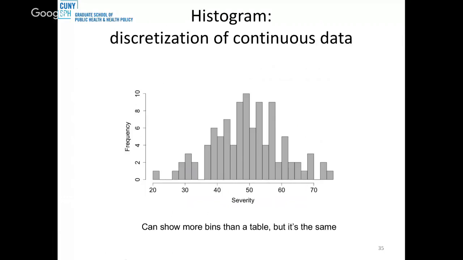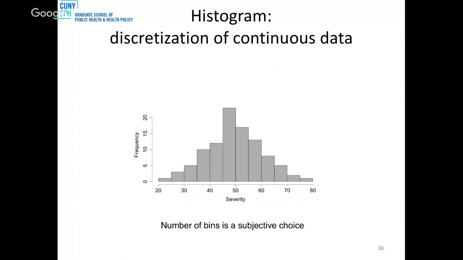So I've arbitrarily created bins of this size, counted the number of people in each of those bins, and then made this bar chart to show those numbers of people. And it's graphical as opposed to the table, but it's the same data as we saw in that table.